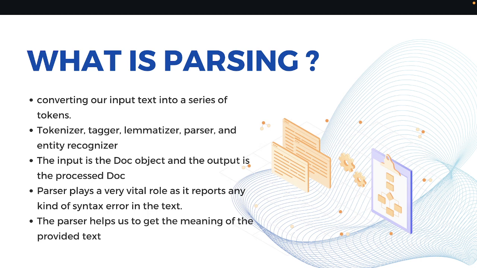The parser plays a very vital role as it reports any kind of syntax error in the text. If any error occurs in the text, it will identify it and tell us that it has a syntax error.